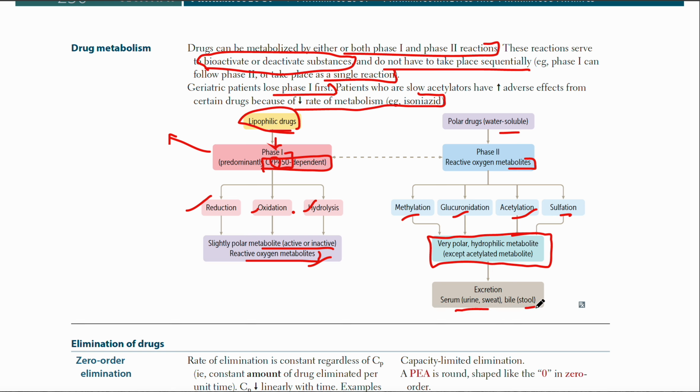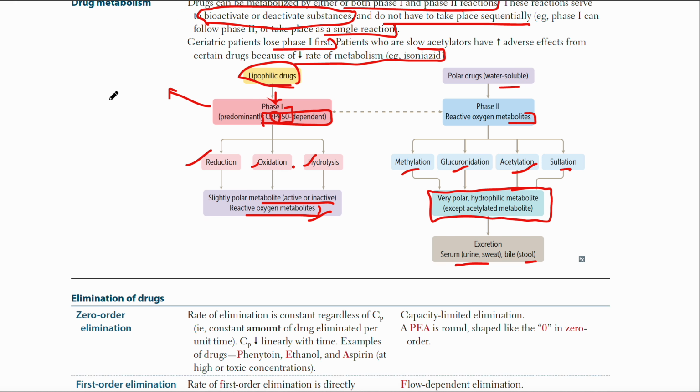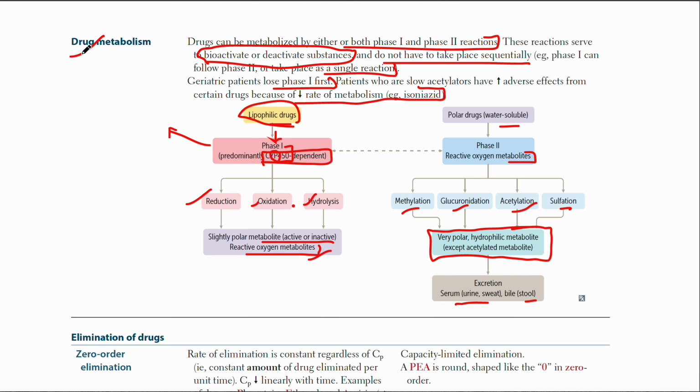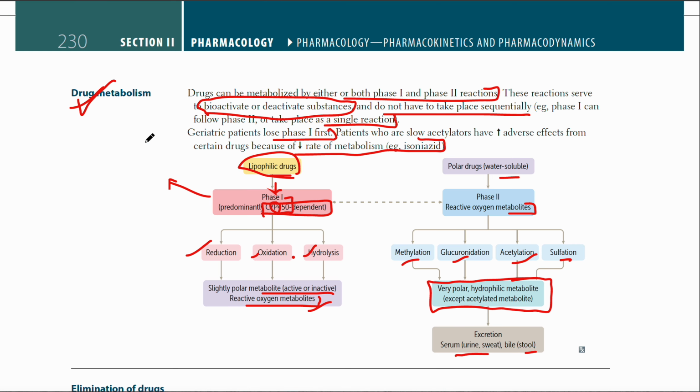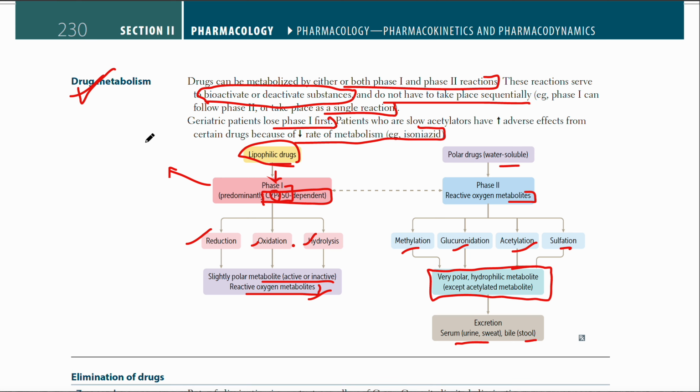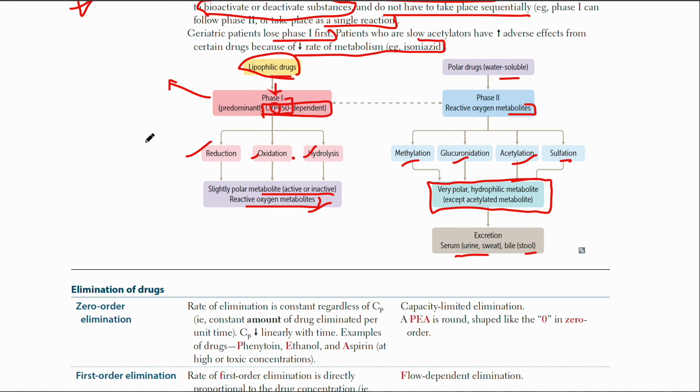So that is how the elimination occurs. And these enzymes can be microsomal enzymes or non-microsomal enzymes, right? And they have specific inducers and inhibitors. That is very important in drug interactions. It is not in here right now, so I won't be talking about it. We'll talk about it in a different session: drug inducers and inhibitors, that is very important.